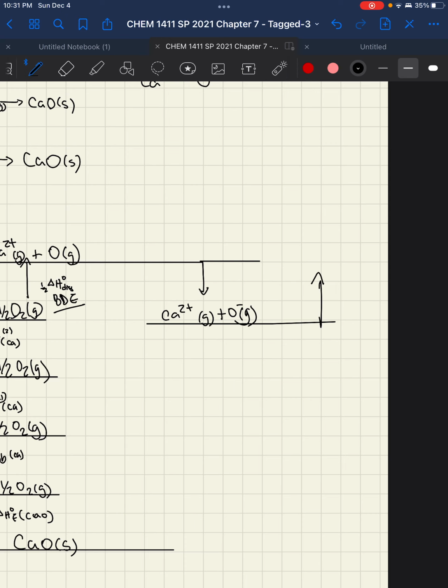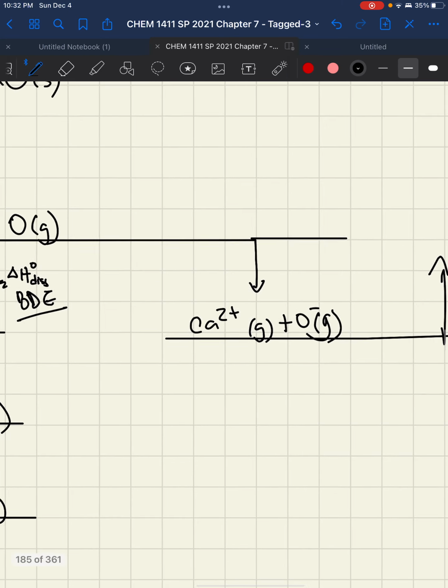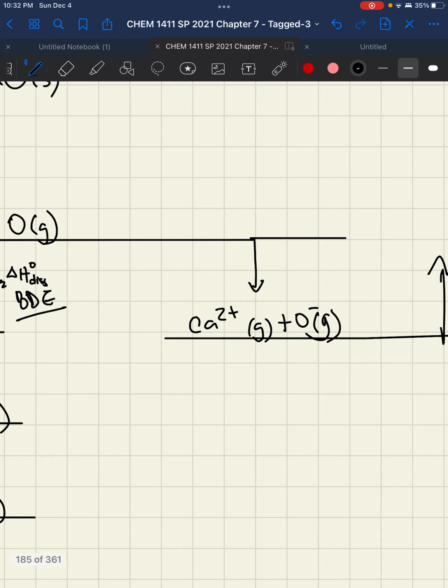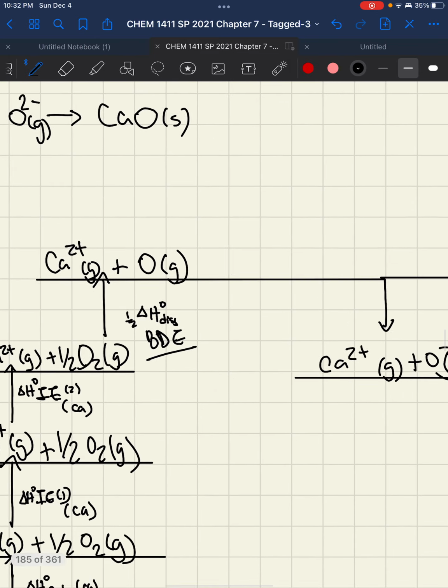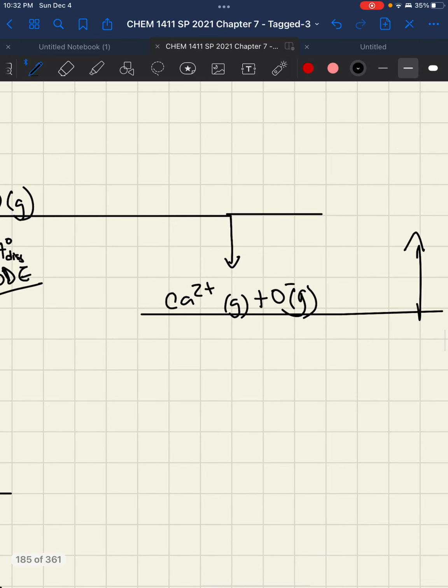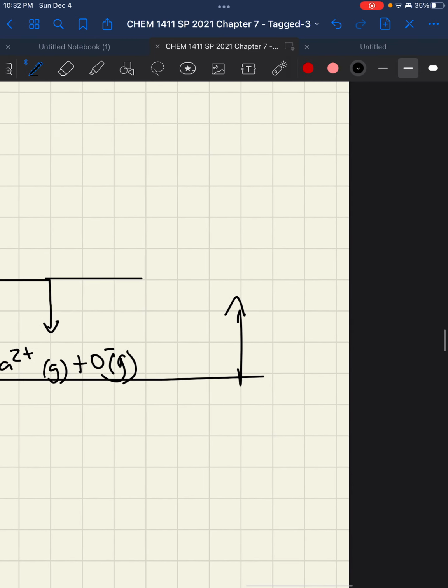Thanks to that, it requires energy to overcome that repulsion. But in the other one, it was exothermic because it was coming from a neutral atom adding an electron, so there was no repulsion.